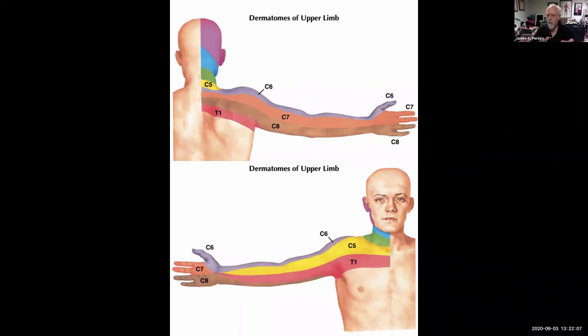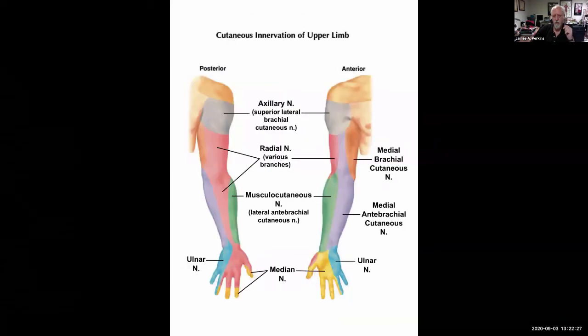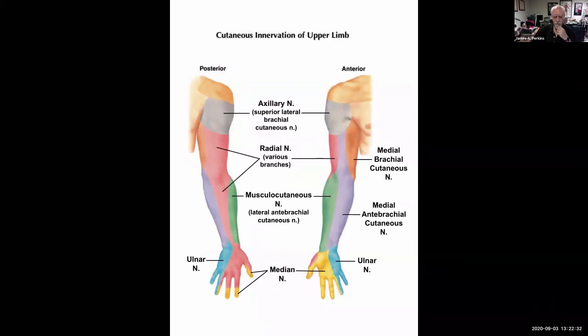Now, what's confusing about this is that the dermatome map doesn't exactly match the sensory nerve map that I showed on the previous slide. So, take a look at that C6 dermatome, for example, and just try to remember, it includes the shoulder, the lateral brachium, lateral antebrachium, and thumb. And then look over here at this picture, and you see a completely different kind of map.